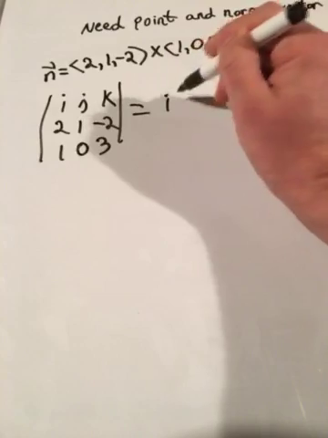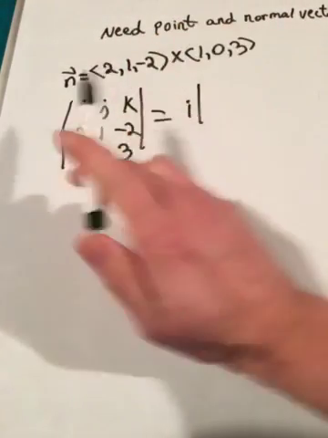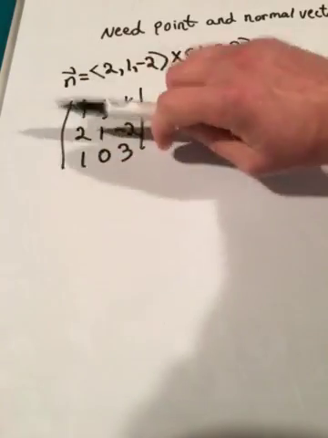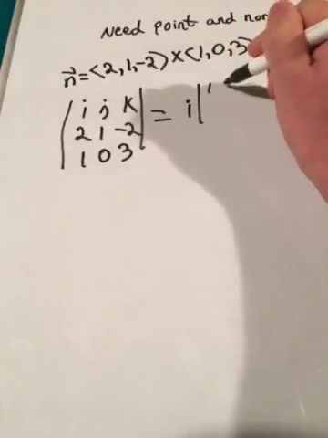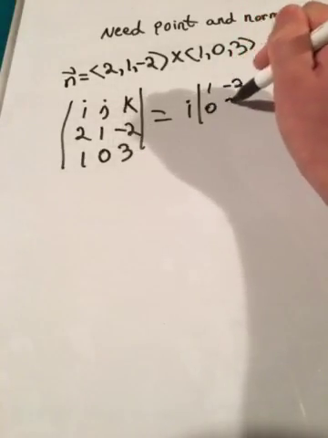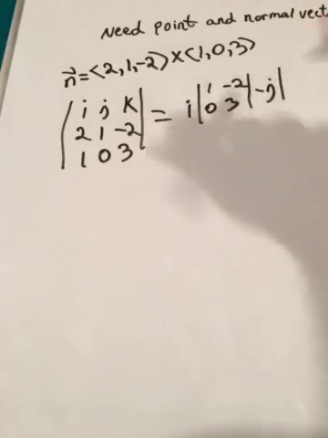Well, it equals i times its minor, which is, if you cross out your i column and row, you're left with 1, negative 2, 0, 3. And that's always going to be minus j times its minor.